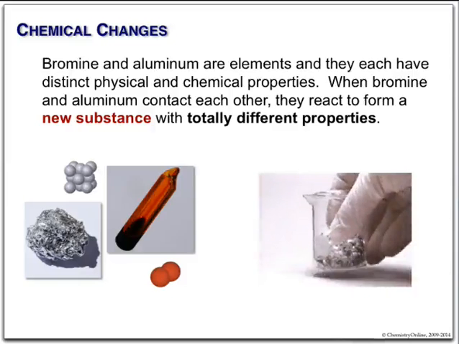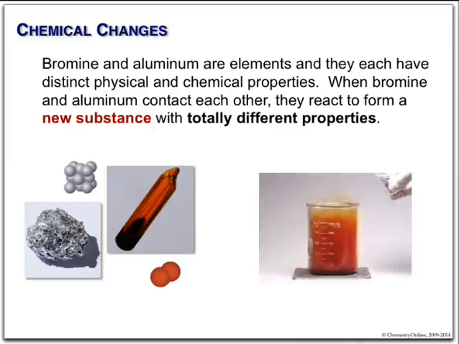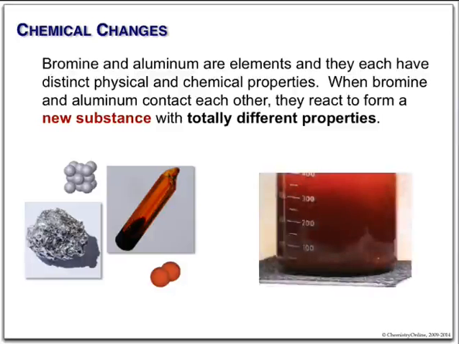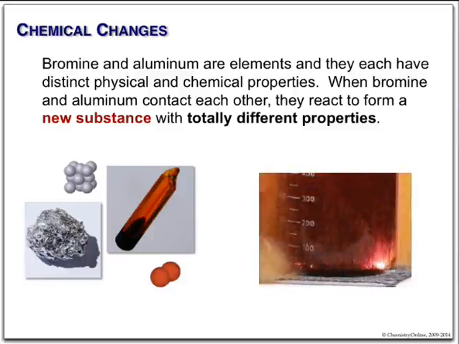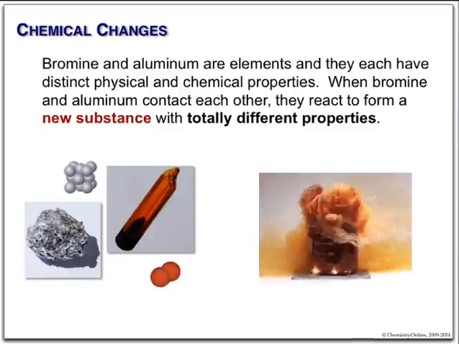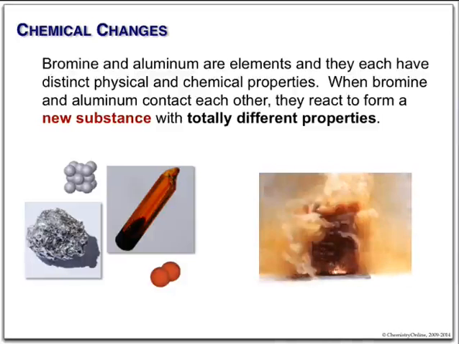Pour it into the bromine, just a little bit. It sits there for just a minute. And as it does, suddenly you get lots of heat. You get lots and lots of bromine vapor. Hold your breath. Very toxic stuff.